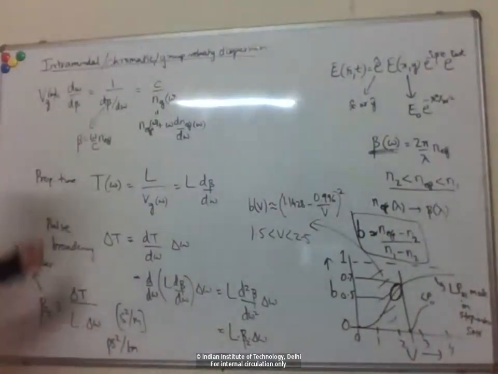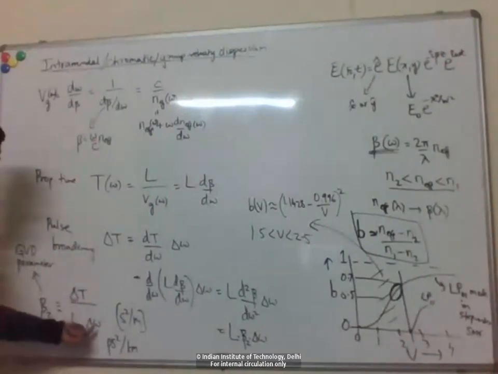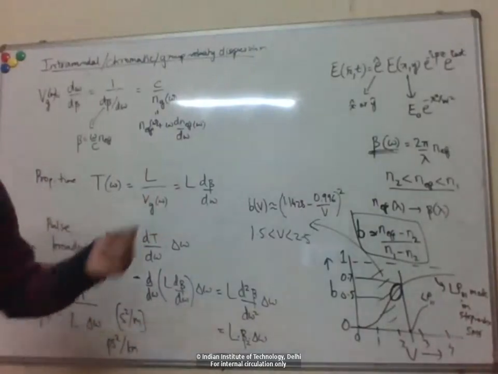Right, so here you can see that in the intermodal case, basically this delta T over L was just some constant depending on the fiber parameters, right? But now here we have a quantity which is also determined by the bandwidth. So this beta 2 we will see depends on the fiber.